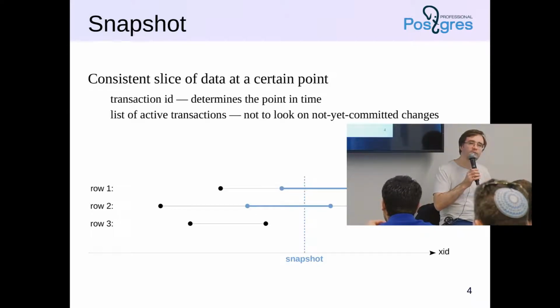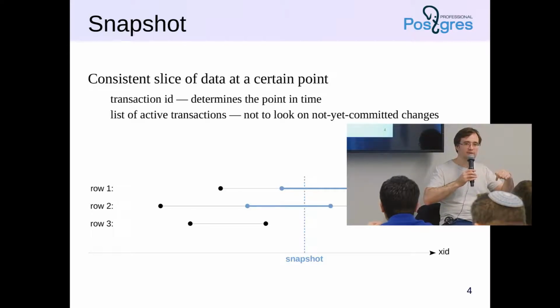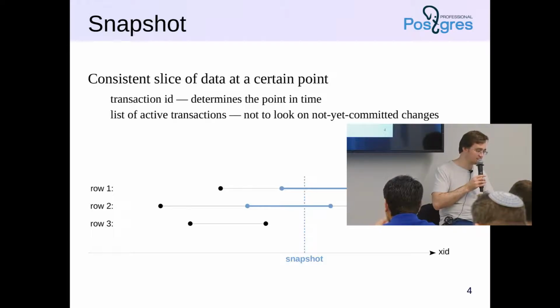A snapshot, in other words, is the highest transaction ID of all the relevant data. Is that right? Physically, a snapshot is several numbers. One of them is the transaction ID, the current transaction ID at the moment when we create the snapshot. It defines the position of this line.